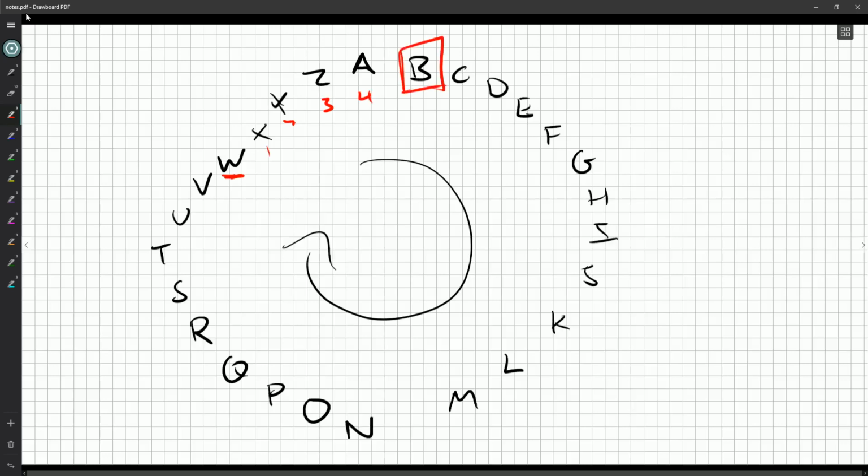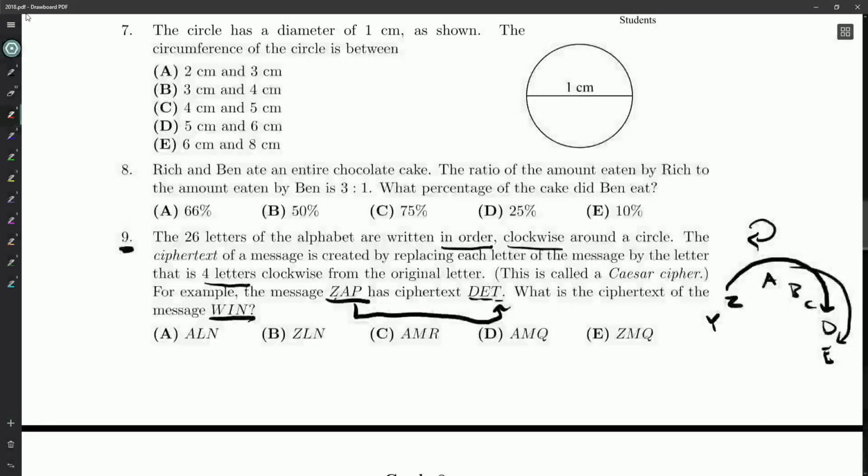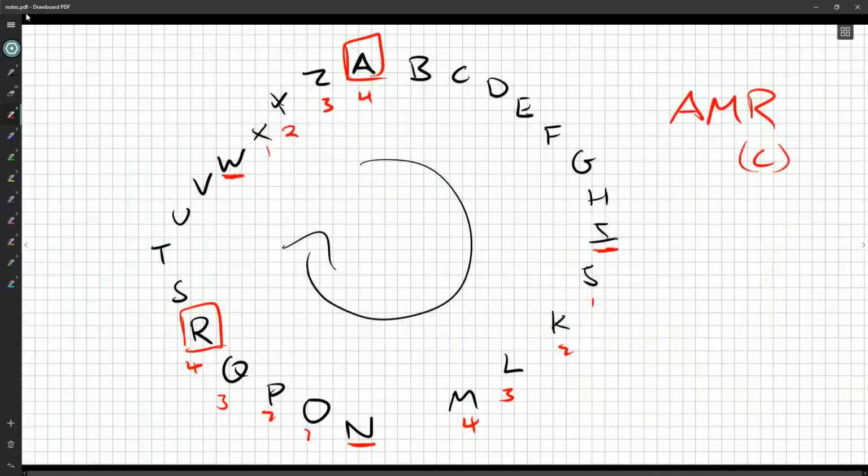Silly me. 1, 2, 3, 4, so it gets replaced with an A. And then I: 1, 2, 3, 4, you get an M. And then N: 1, 2, 3, 4, and you get an R. So we're looking for AMR. So that's a fine way to do the question. Absolutely fine. It gives you an answer of C, but it takes quite a bit of time to do the setup.